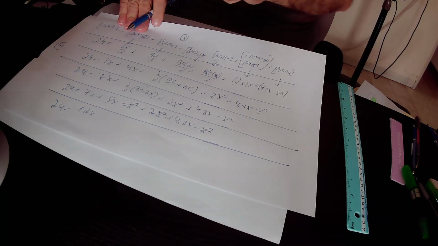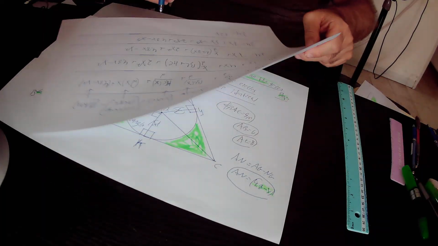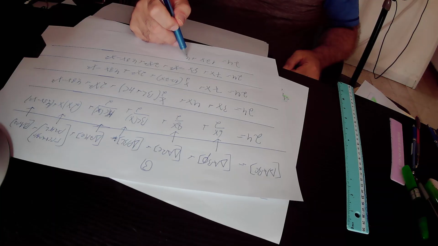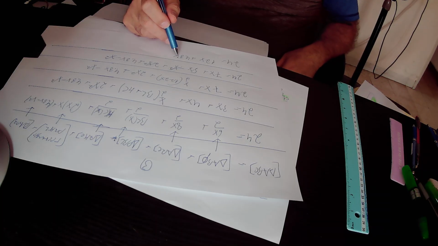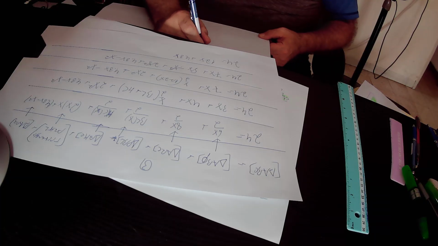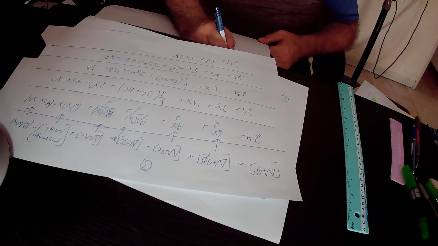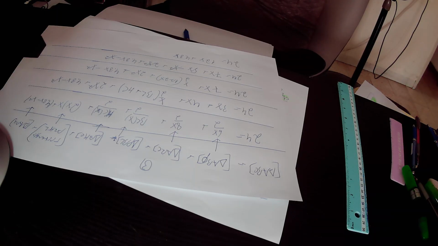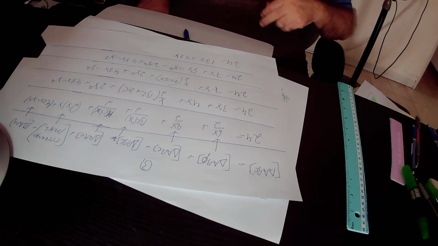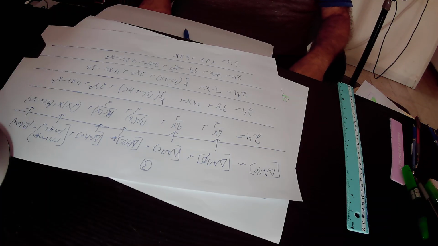That is actually the value of this expression in total. Repeat again, we found out that 24 equals 12x plus 4.8x. So 24 equals 12x plus 4.8x is 16.8x.